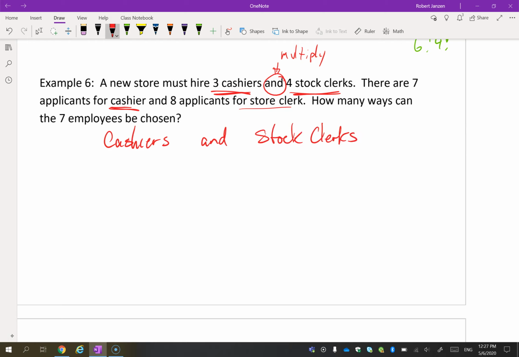Okay, how many ways can I choose a cashier? Well, 7 applied, and I'm supposed to hire 3. And means multiply. Stock clerks, there are 8, and I'm supposed to pick 4 of them. Choose 4. Doesn't matter what order again. Okay, so 7 choose 3, that's 35, times 8 choose 4.